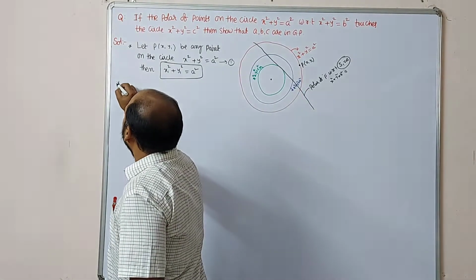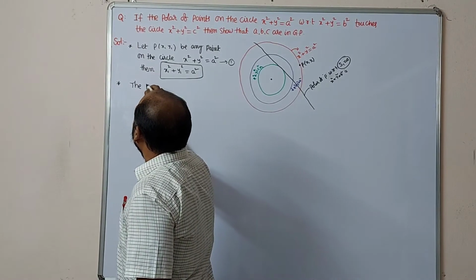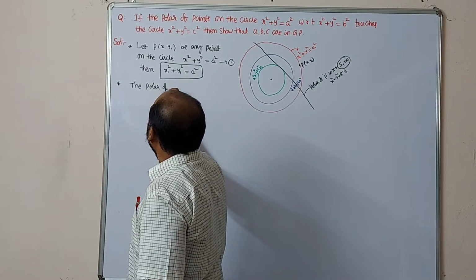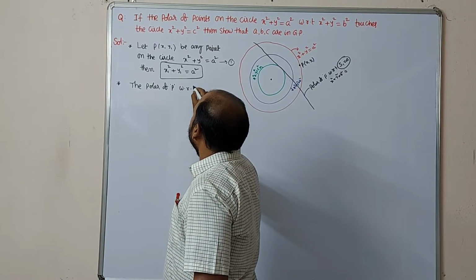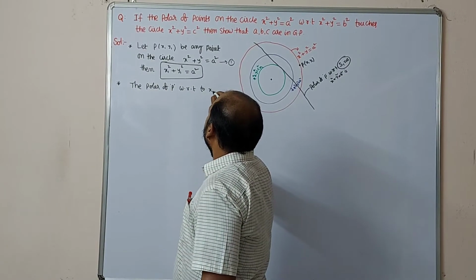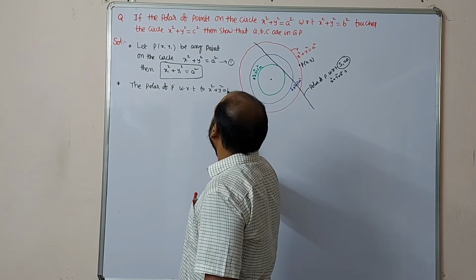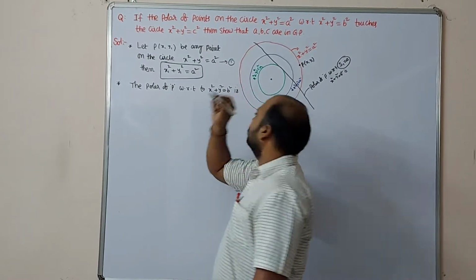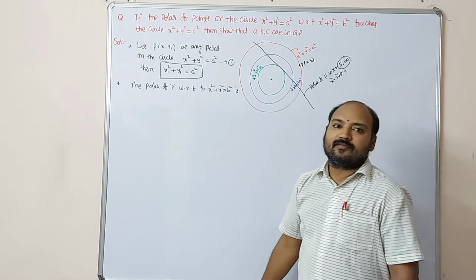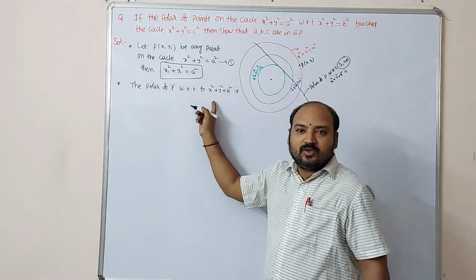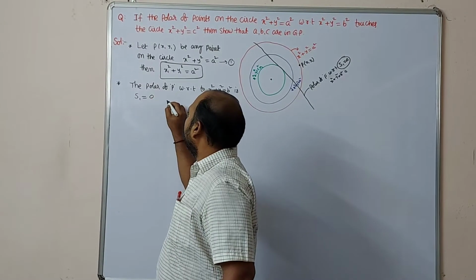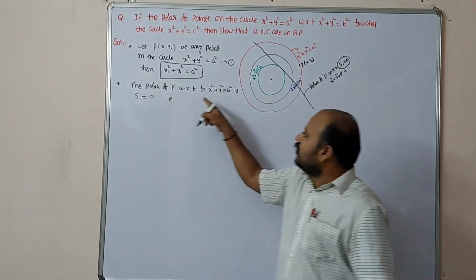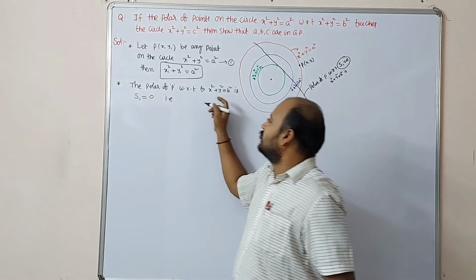Next step, that only. The polar of P with respect to x square plus y square is equal to b square is S1 equal to 0. That is S1 equal to 0 according to this circle you have to write, dear students.